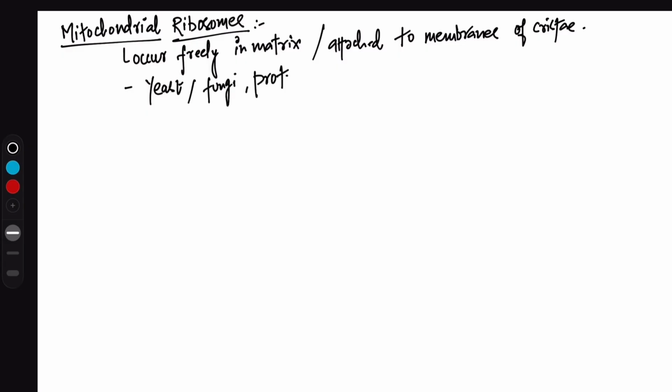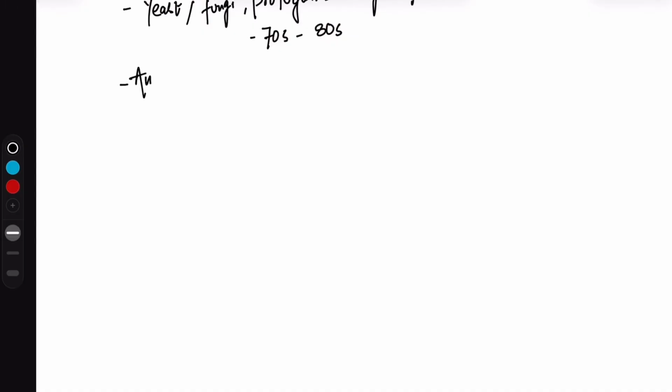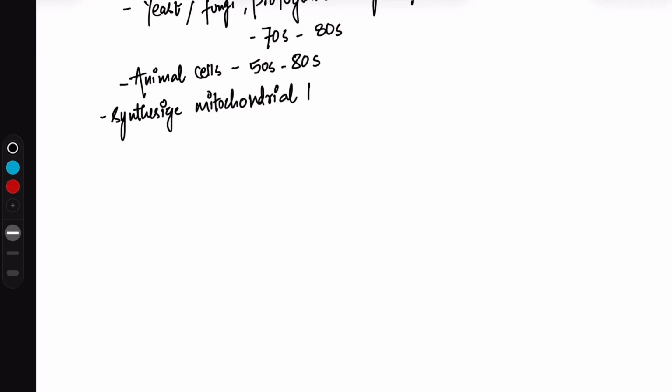Now, in yeast, fungi, protozoans, and higher plants, mitochondrial ribosomes are of type 70S to 80S, while in animal cells, they are of type 50S to 80S. Their role is to synthesize mitochondrial proteins that form respiratory or oxidative enzymes.